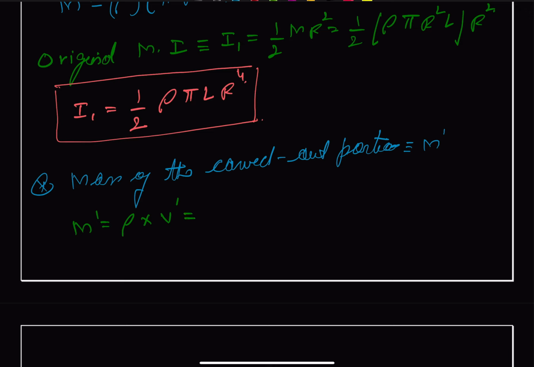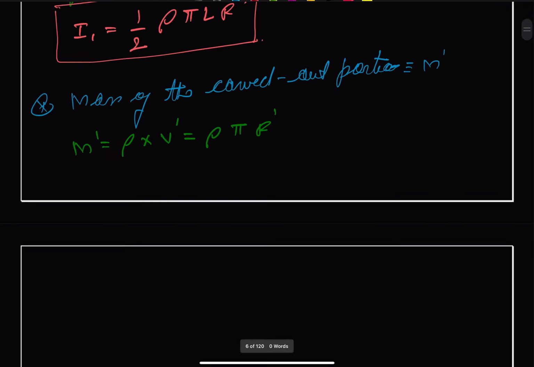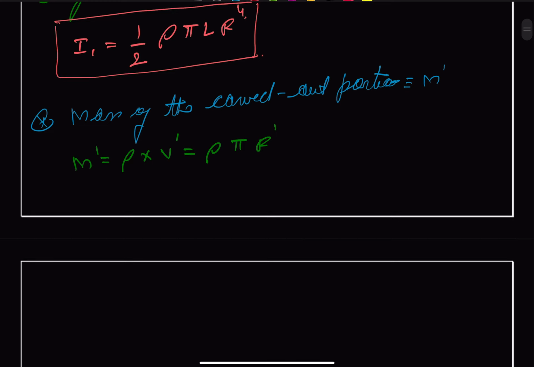So this will be equal to rho pi r prime square L prime, which is rho pi, r by 2 whole square, and L by 2.